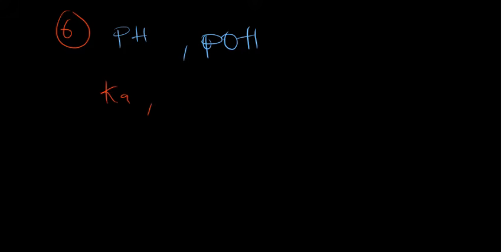Now, in the next video, you will learn a lot. So from question 6, you will learn how to calculate the pH, how to calculate the pOH, you will learn how to find the Ka, how to find the Kb, you will learn how to find the Kw.